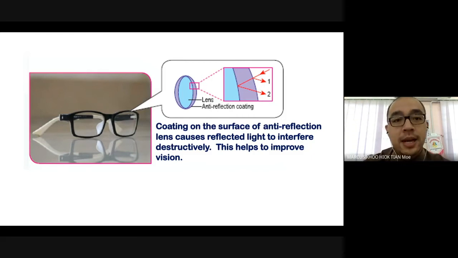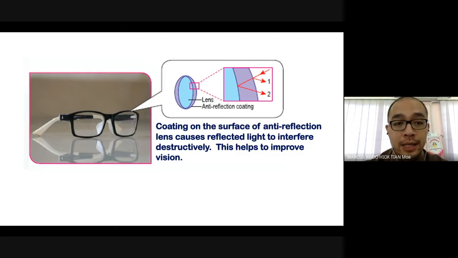Obviously, there's going to be some reflection. But the idea is that the reflection will not disturb you until you can't see, especially for a person who is wearing glasses. The idea behind this multi-coating is to interfere with the light waves so that the vision of the person can improve.